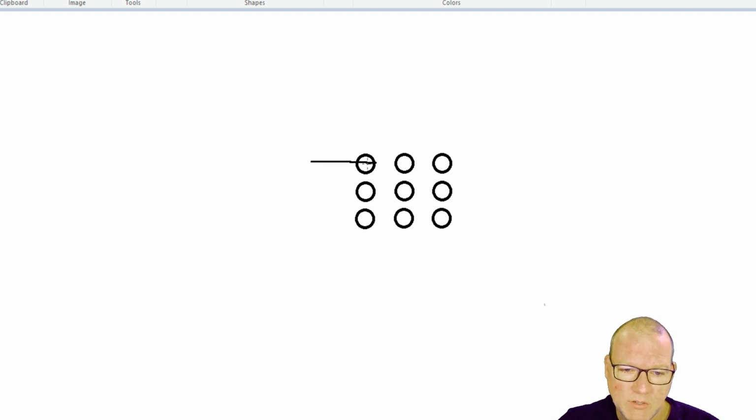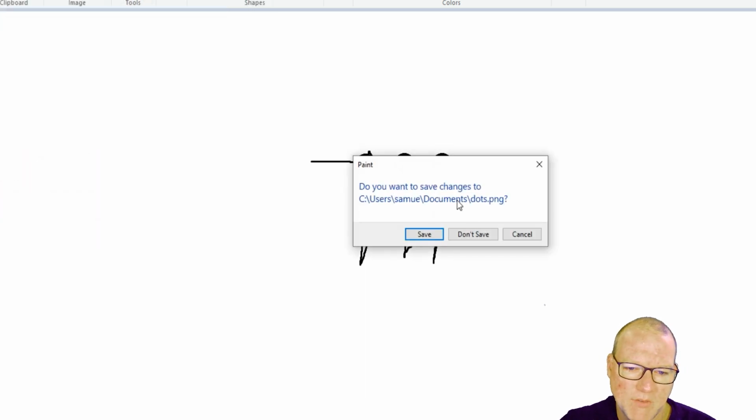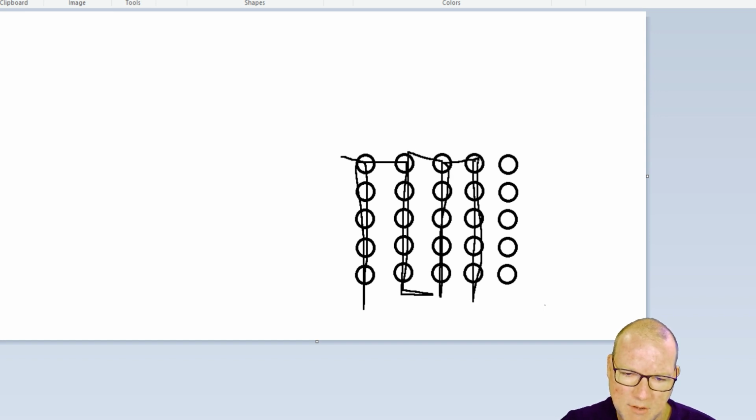So if I were to have a set of instructions and walk through these dots, the reason I do that is, what happens if I make more dots? All I do is walk, come down, walk back. It really doesn't matter how many rows and columns.